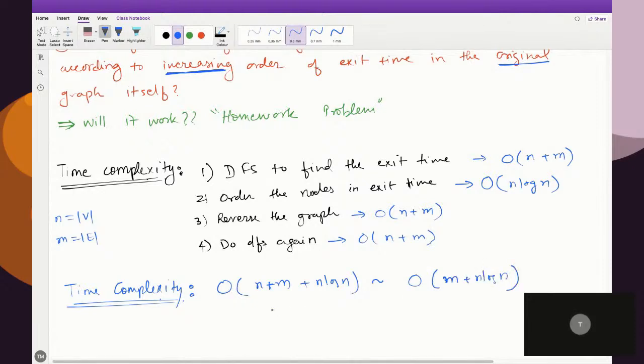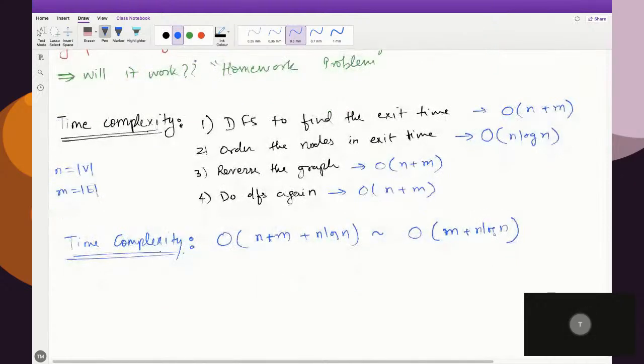But this can quickly be improved if you improve the sorting, which can be done in order n using counting sort or bucket sort. Why? Because each of the exit times is between 0 and n, and all of them are unique. Because the range of these numbers is small and they are unique, you can sort in linear time.